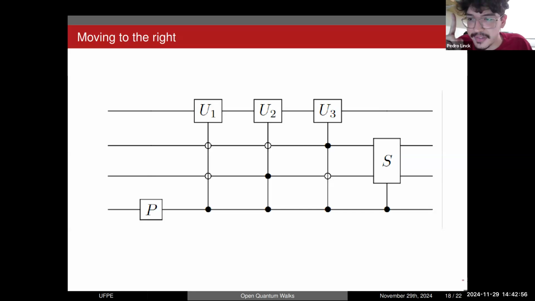After this step, we have to trace out this prepared ancilla, put another prepared ancilla and do this again. So if we are going to do 10 steps, we need 10 prepared ancilla qubits. So this is the circuit for one step. The circuit for many steps is the composition of the circuit for one step, many times.